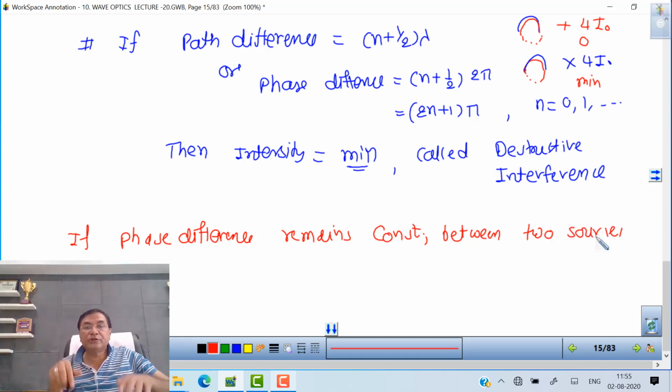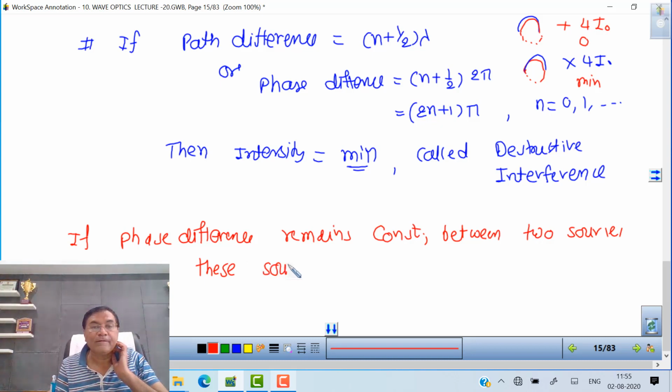એક સાથે ઉપર નીચે જવાની જરૂર નથી, એક આમ જાય તોય ચાલશે, પણ ફેઝ ડિફરન્સ બદલાવો જોઈએ નહીં. Two sources, then this source is called coherent source.